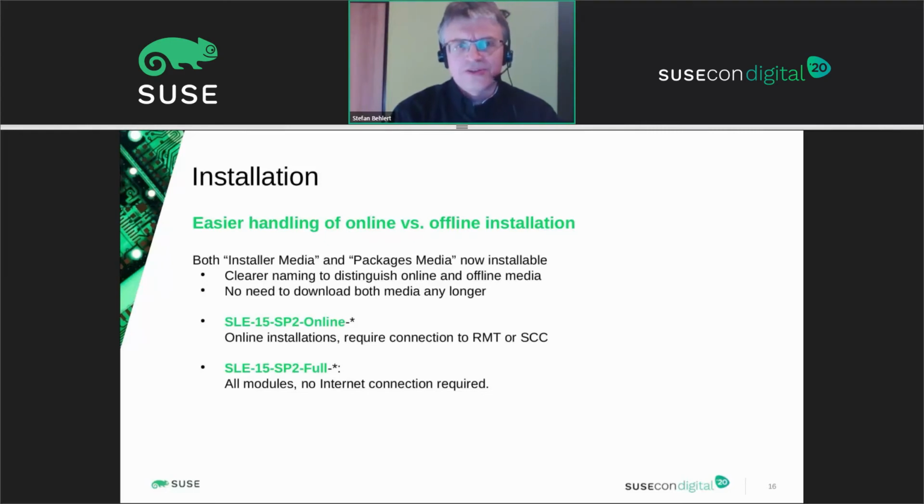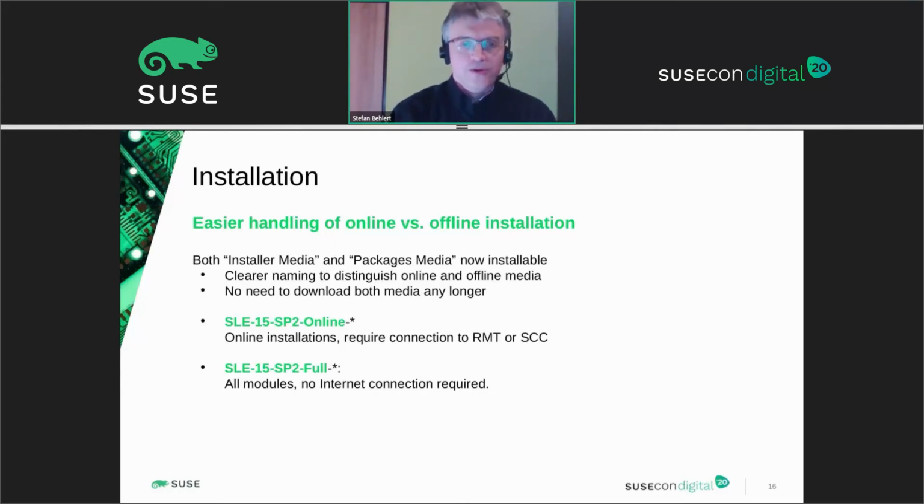That was a little bit confusing, and we changed the naming of the 2 ISOs a little bit and also made both of them able to install. So we now have the online media, which is the installer media that has the full installation of all the products that you have seen at the beginning in the portfolio.